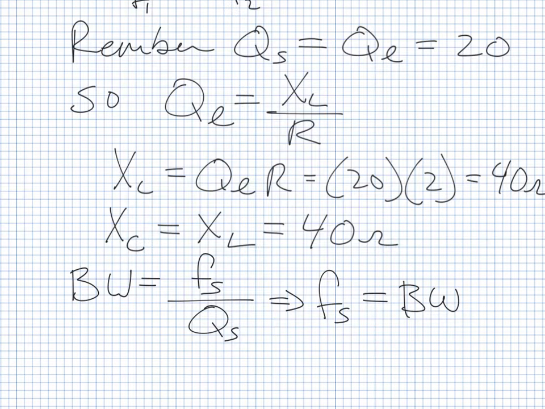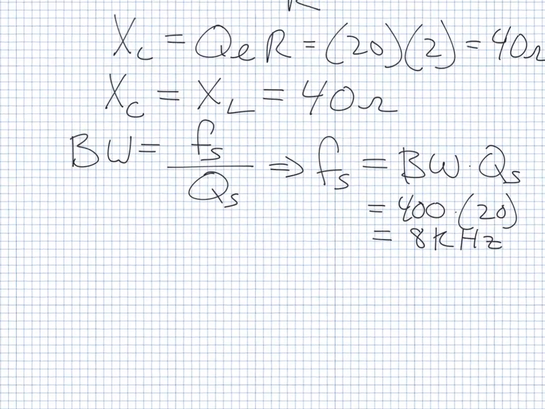The resonant frequency is the bandwidth multiplied by the Q. So we're going to have 400 times 20. So that is 8 kilohertz.